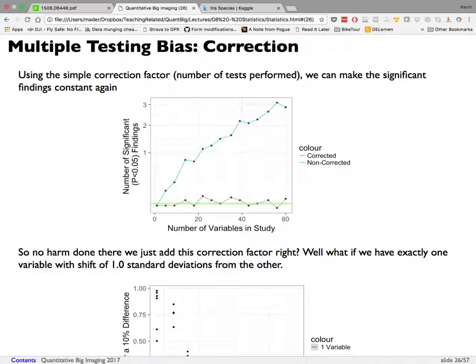Which is, I agree, quite counterintuitive, but it means that when you're doing these studies, you want to make sure you're not looking at 100 variables that are completely irrelevant. You pick your statistical tests, and you know that each one you do has a cost. And it makes you less sensitive to small differences. Yeah?